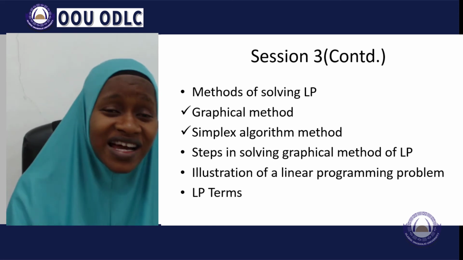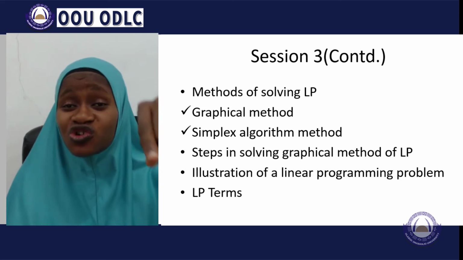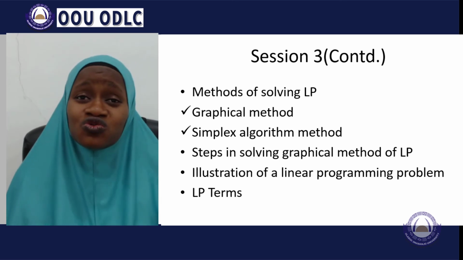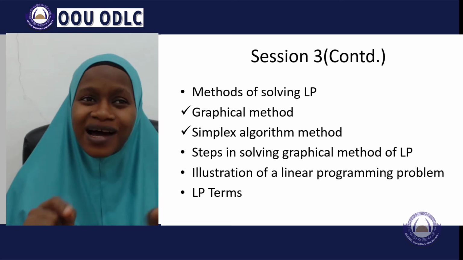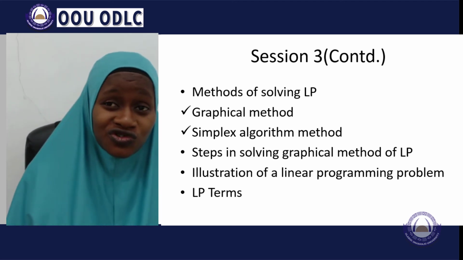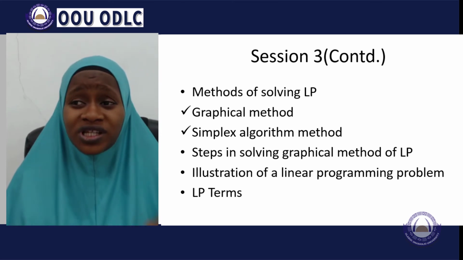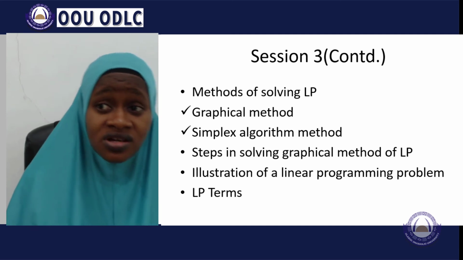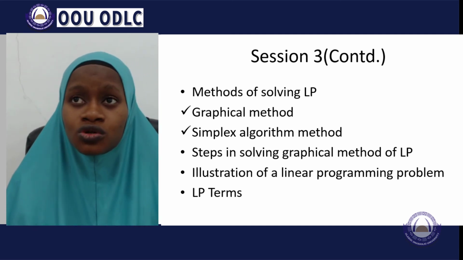At point C is the intersection. That point is the intersection of the two constraints. Because we are not drawing to scale, we solve simultaneously the constraints that intersect at that point. Don't forget, we have only two constraints, and those two are the ones that intersect at that point. When we solve simultaneously, we get the value of x1 to be 3 and the value of x2 to be 2.